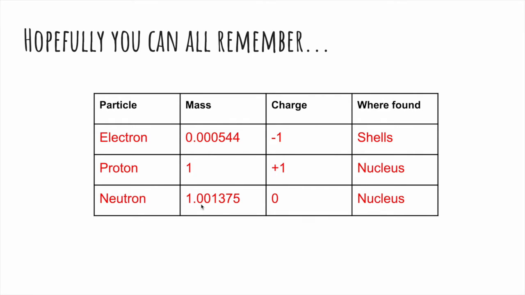And a neutron is 1.001375. It is just something to be a little bit more aware of. It is unlikely that you're ever going to have to do masses with that information, unless it's changed a lot from my days doing A-level chemistry, which is entirely possible, as depressingly it was about 10 years ago.